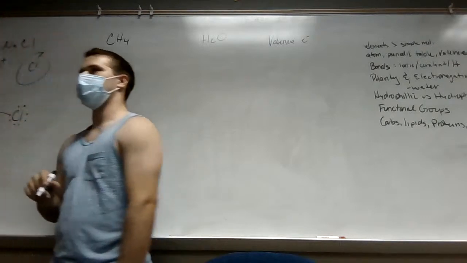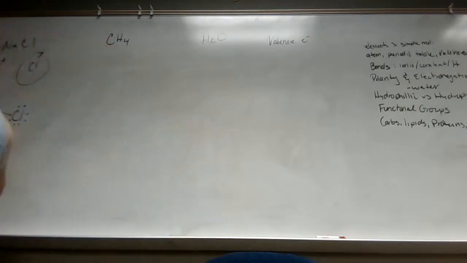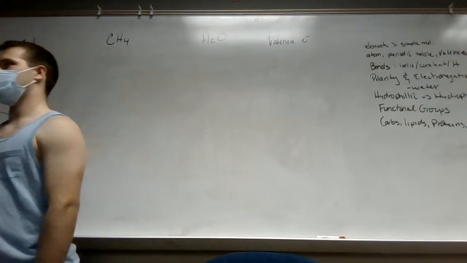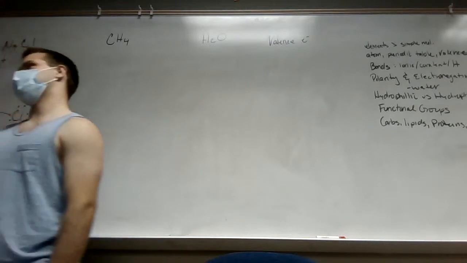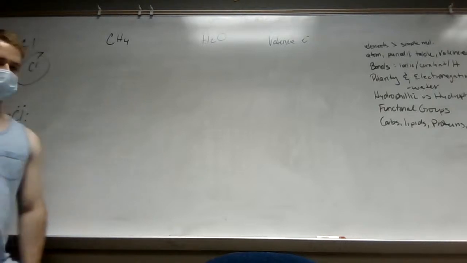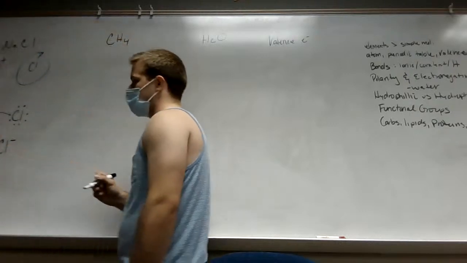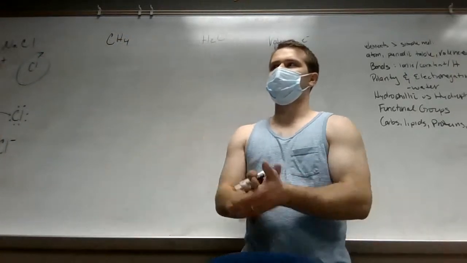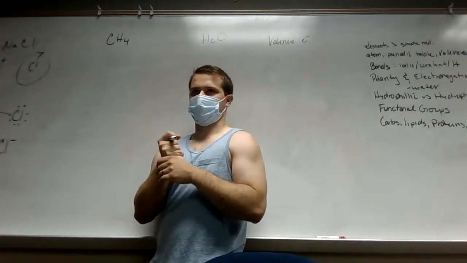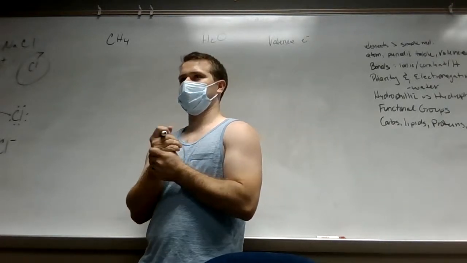Now sodium is stable with 8. So that ends up transferring over. When we lose an electron, what charge do we get? Positive. Electrons carry a negative charge, so lose an electron, you end up with a positive charge. And the chlorine has a negative charge. It's an ion now, so it's chloride. And just like magnets, those two will be attracted to one another. Does that make sense? Any questions about that?